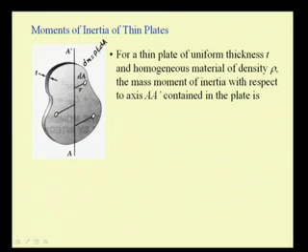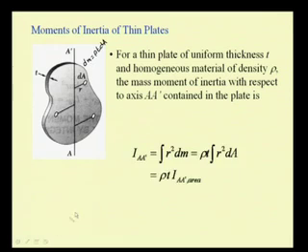Since we are assuming that this T is constant and this rho is constant, so if we use this area element to determine the second moment, we have already seen how to determine the second moment of the area with respect to a given axis, then we can also find the second moment of the mass with respect to the same axis. So, that is what we are going to do now. So, we have this I A prime, which is nothing but the second moment of this mass element with respect to this axis A prime.